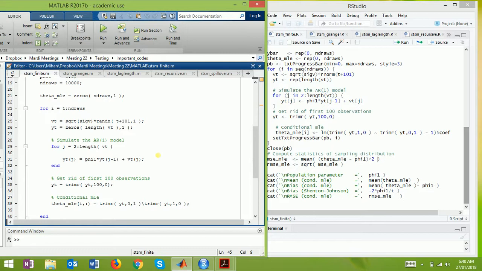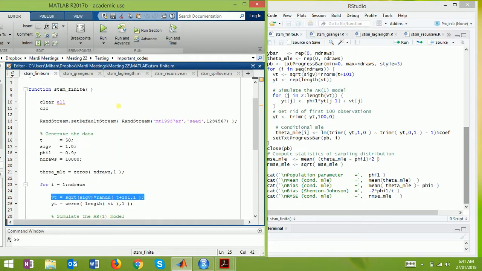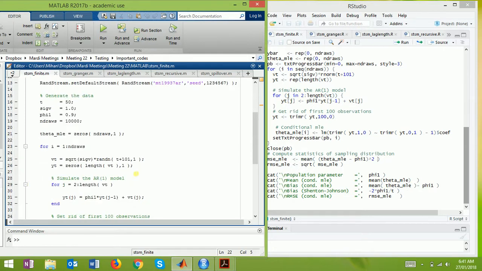Something else to learn from this finite sample distribution is that whenever we are talking about the number of replications, that is a block. Inside that whole block, we completely generate a different draw for the sample size. So here we randomly generated residuals for a size of 50, and we discarded anything in regards to the number of replications.